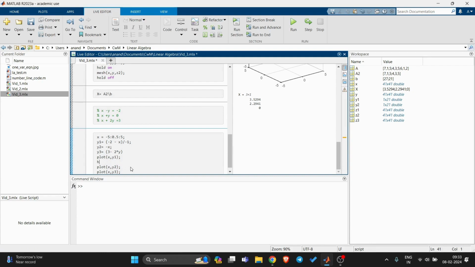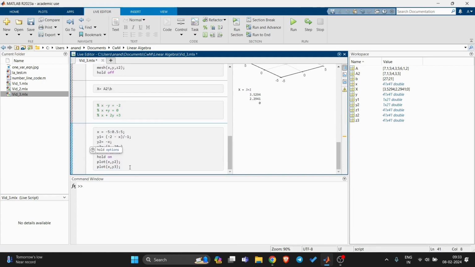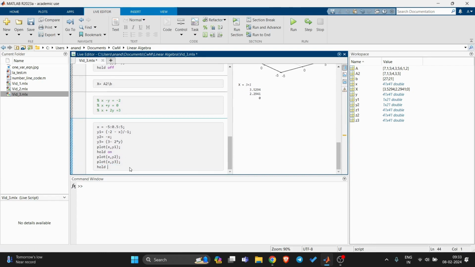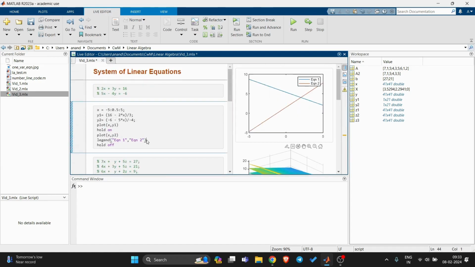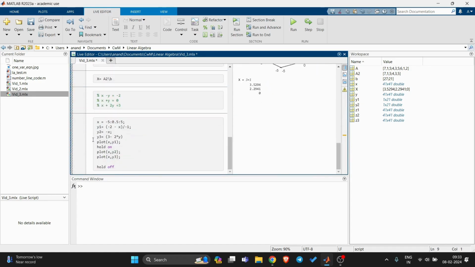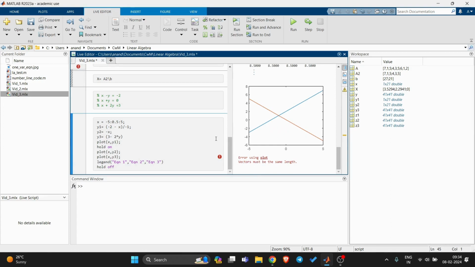Let me also add the hold on and axis commands and also a legend to label the lines. So let me run this.